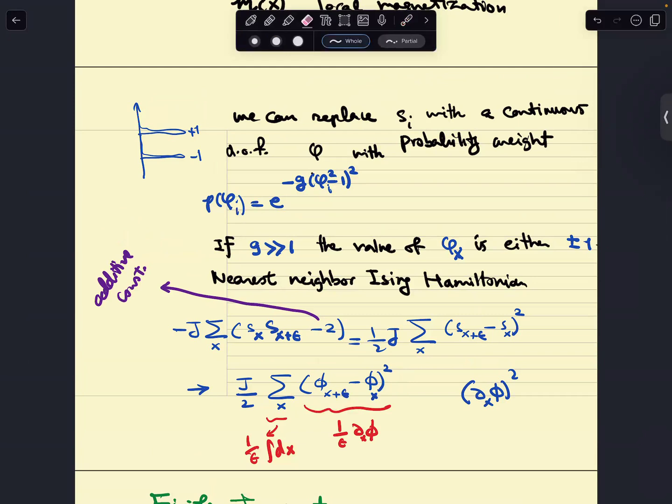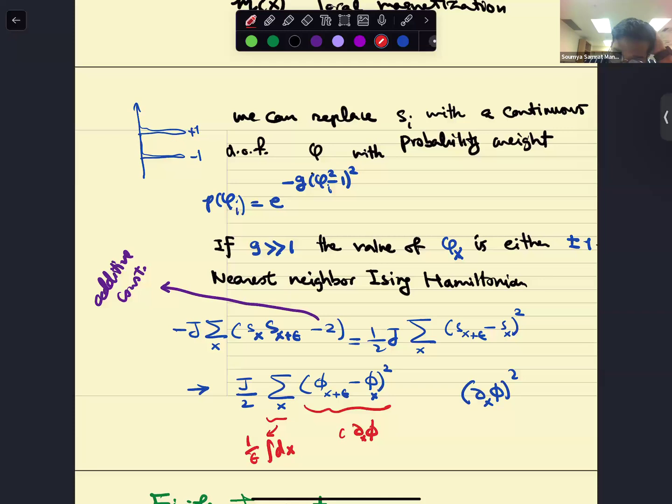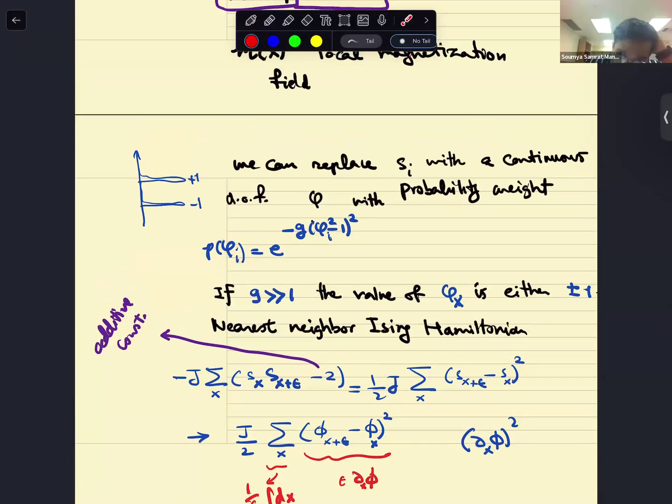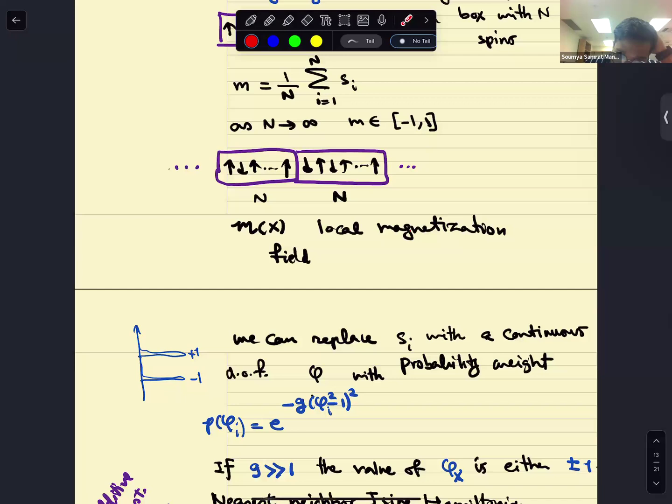I understand that, but how could you just replace the individual spins with the field straight away? That's the trick I was using, right? I replace a discrete variable by a continuous variable, and play this game.